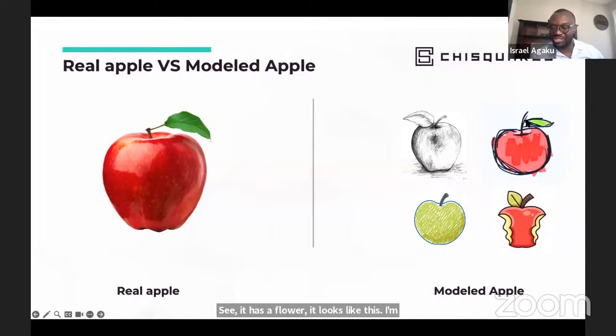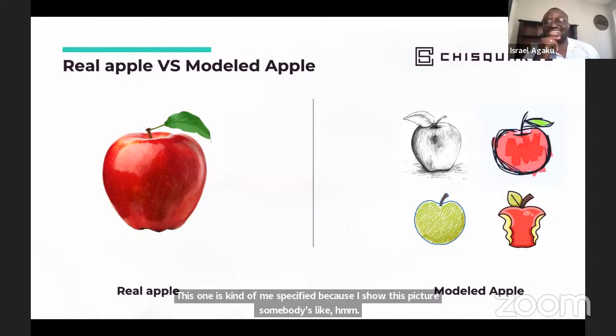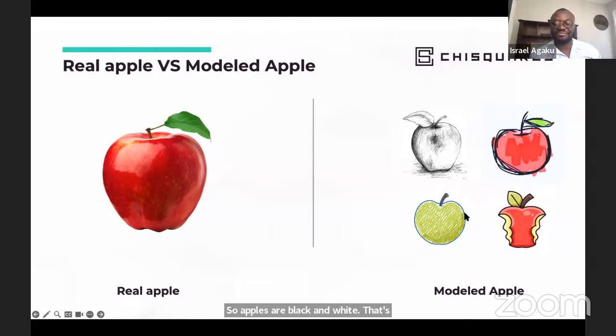If I show a picture of this to somebody, they can say, oh, I see, it's red and roundish and it has a leaf. This one is kind of misspecified, because if I show this picture, somebody might conclude that apples are black and white. So this model is misspecified. This one looks like an apple, but it's misspecified in the color. I show him this was the reality.